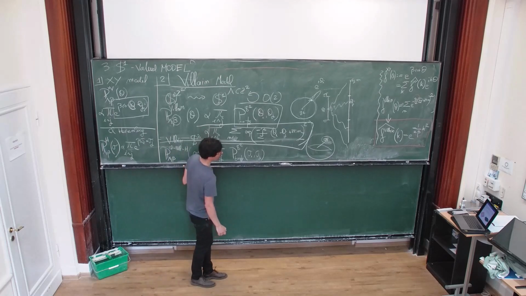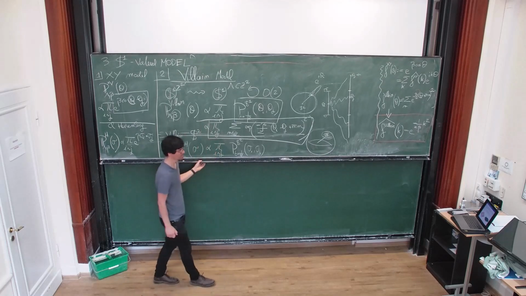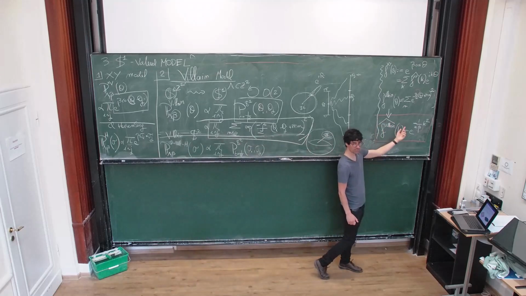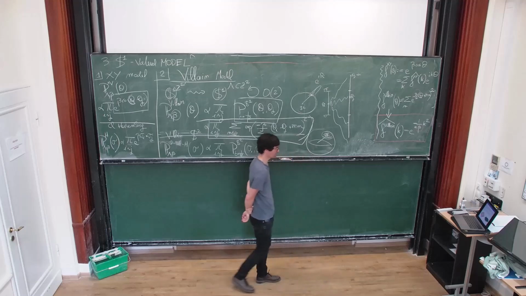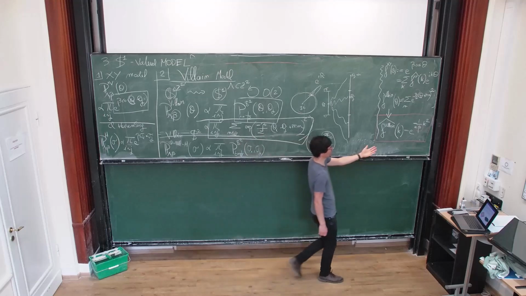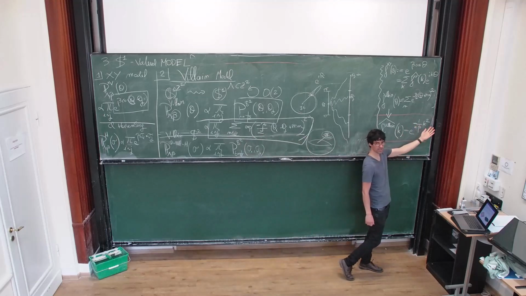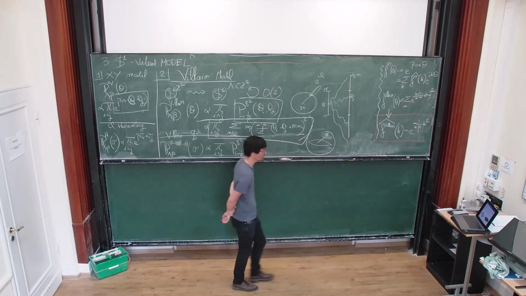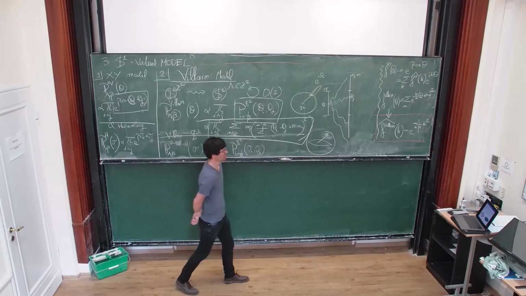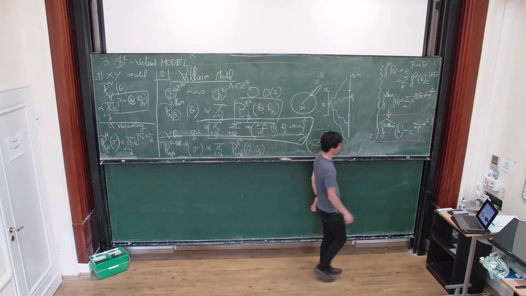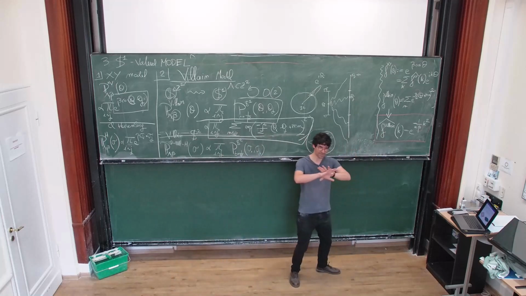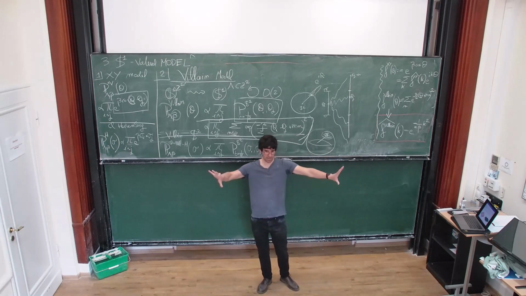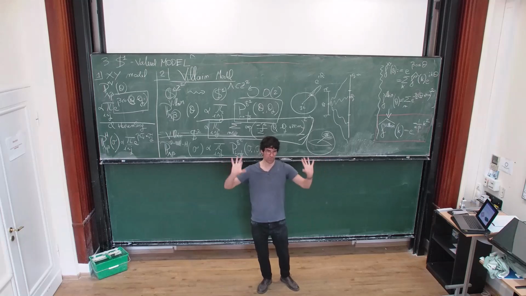But why did we move to the Villain model? We moved there because the Fourier coefficients of these 2 pi periodic interactions happen to be much easier to play with than the Bessel type Fourier coefficients of the exponential of beta cosine. As I illustrated in this picture, there is no symmetry breaking for the S1 valued model because of this Mermin-Wagner difficulty, so we move to the dual model.